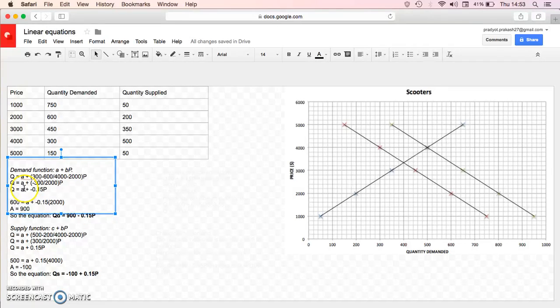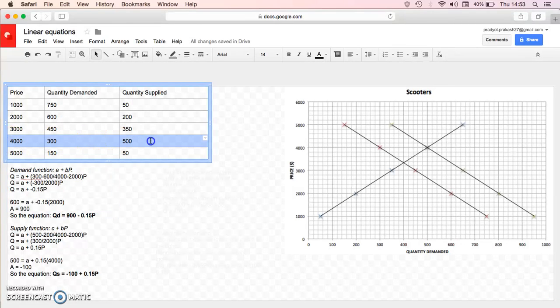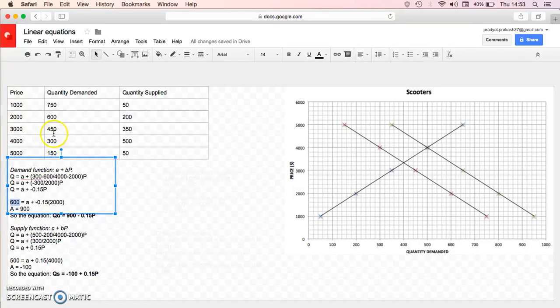Now we still need to figure out the A value, so once again we substitute in values from our table. We can substitute in 600 for the quantity demanded and $2,000 for the price. We calculate it out, and we figure out that A is equal to 900. So our quantity demanded is equal to 900 minus 0.15p, and that's the equation for this demand curve.